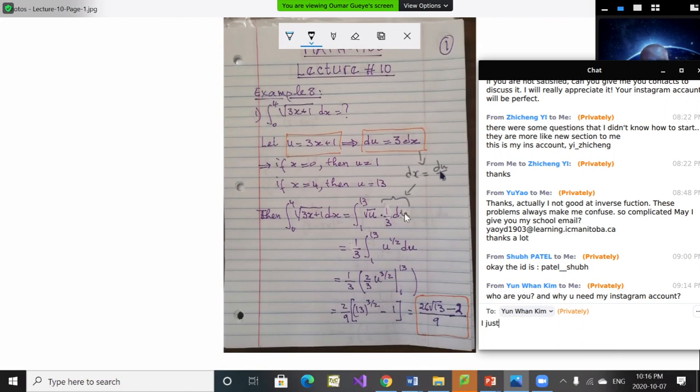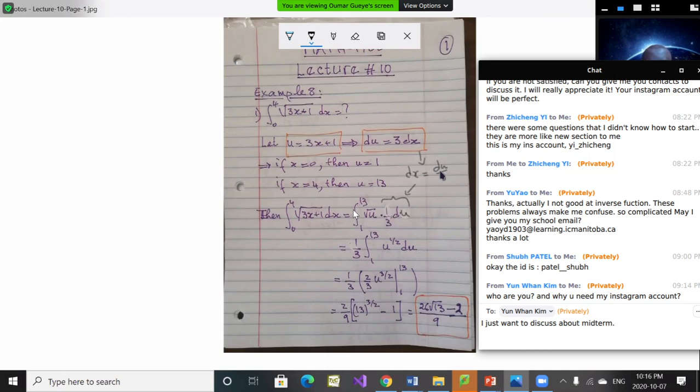Is it okay? And the u under the square root is just the 3x plus 1. I substitute my dx by its value, which is equal to 1 over 3 du. So next step, I took 1 over 3 out of the integral because it's a constant. You have the right to do it anytime you have a constant inside. We've seen the property yesterday.